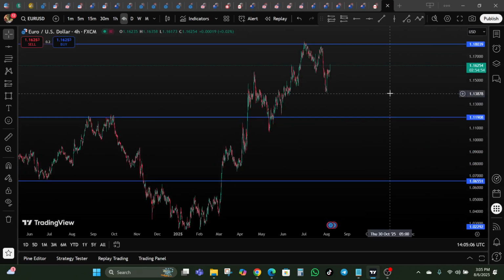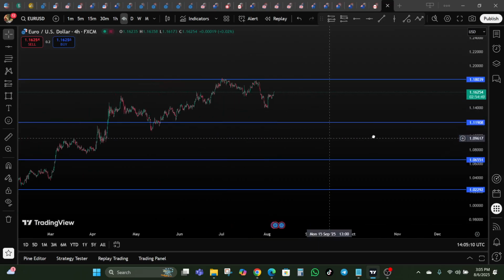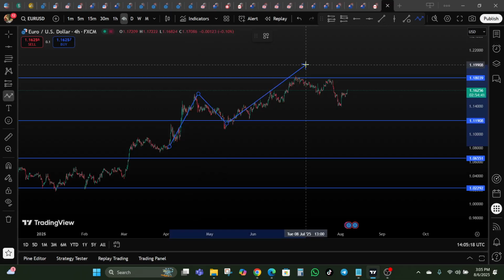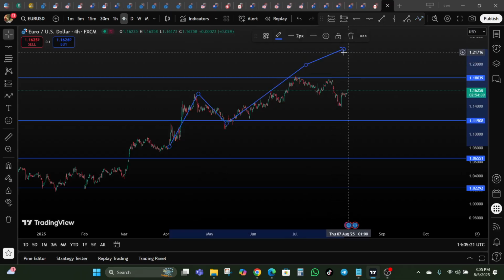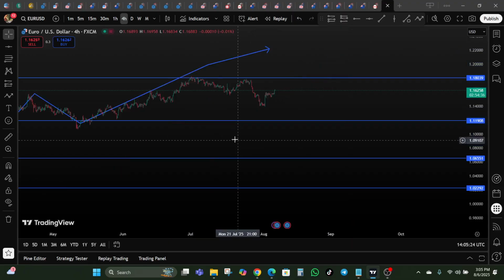Okay, so when you have a breakout from one of these key levels and a retest, then you enter. This is what we call a break and a retest. You can see a breakout from this zone and it retested the zone and then continued upward, right? So whenever you have a break and a retest, then you look for a good entry opportunity.